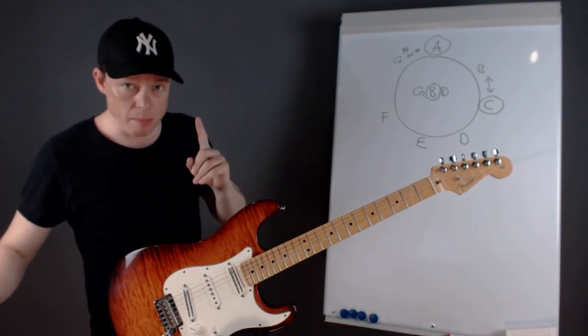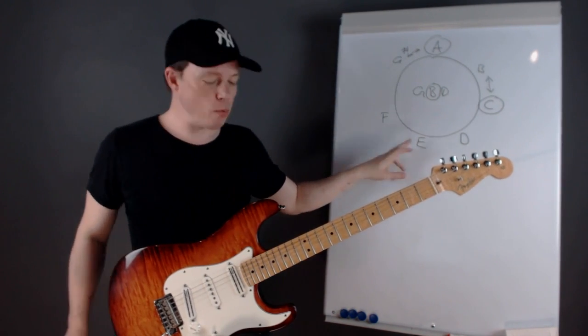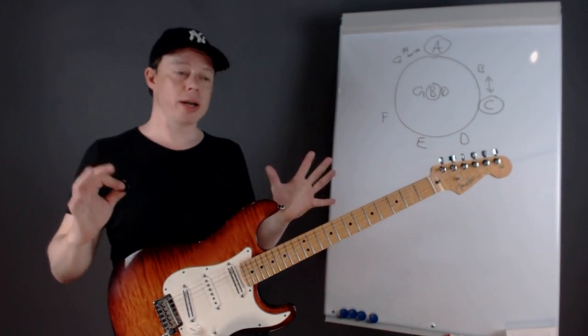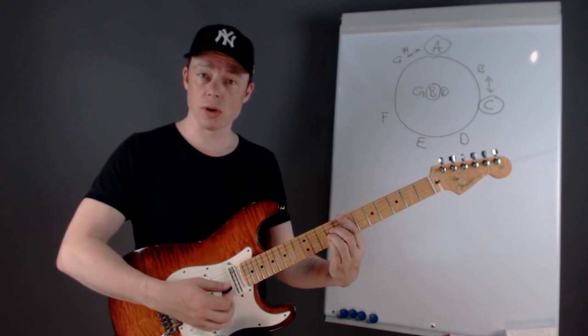Now, in the minor perspective, we could just stay on the E. So what happens if you stay in A harmonic minor, and we just keep playing that E major chord?